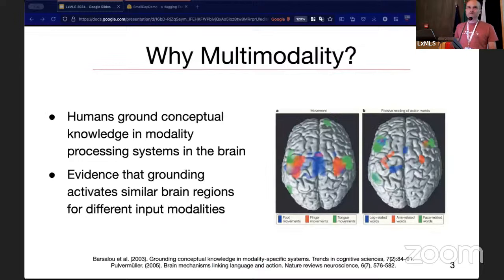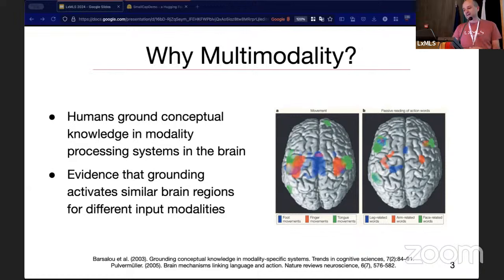There's a lot of convincing evidence that human beings ground conceptual knowledge within modality-specific and modality-agnostic processing systems in the brain. So this example here of a brain scan from a study by Pulvermuller and colleagues shows the activations in a human brain where on your left, the person is performing an action related to either their foot or their finger or their tongue.